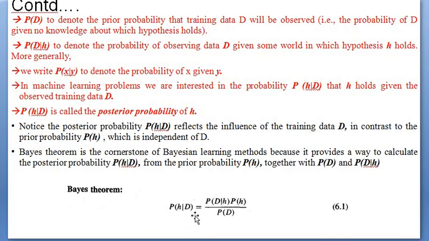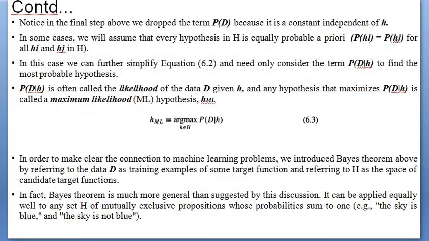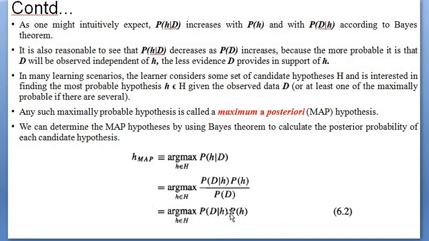So P of H given D equal to P of D given H into P of H divided by P of D. So in place of this I can substitute that formula, which is nothing but the Bayes theorem. And then this P of D has been eliminated here, because for a particular data, on a particular hypothesis, this P of D is constant.